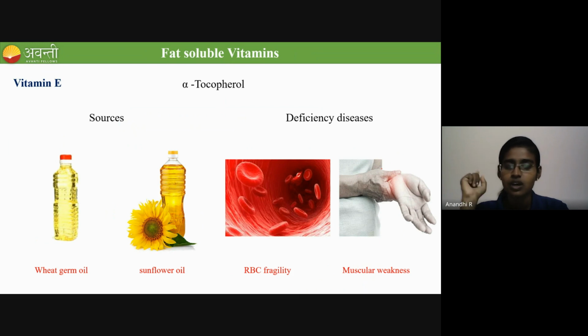So all the girls should have this vitamin E and should not go deficient. Boys also, you have to take care of vitamin E in your body. Otherwise, your muscles will get weak and you can feel the muscular weakness. Students mostly don't get deficient in this vitamin.